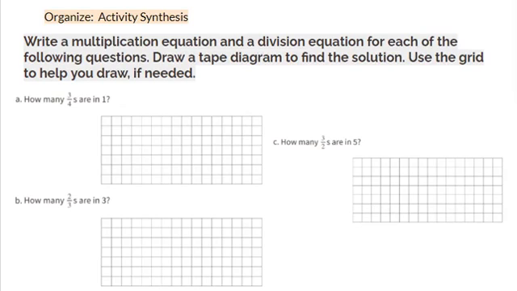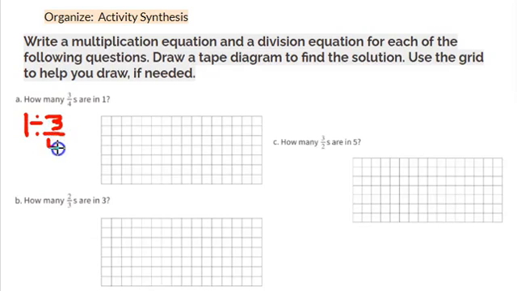Let's take a look at a few more. So if I've got 3/4 are in 1, what's the division sentence we're thinking of with this one? Well, this is going to be 1 divided by 3/4, right?